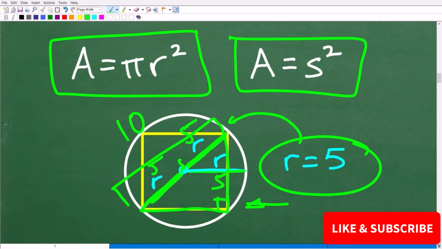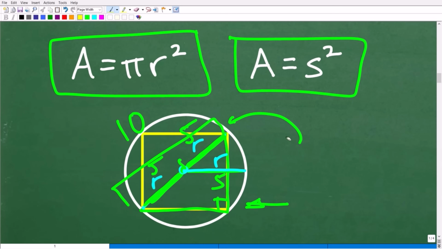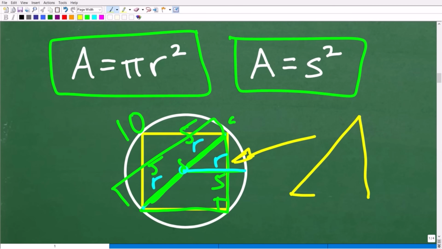Very interesting. Let me erase this here for a second. Effectively what we have right in here is a right triangle. It's a pretty poor right triangle, but the hypotenuse, the distance along this diagonal, is 10.